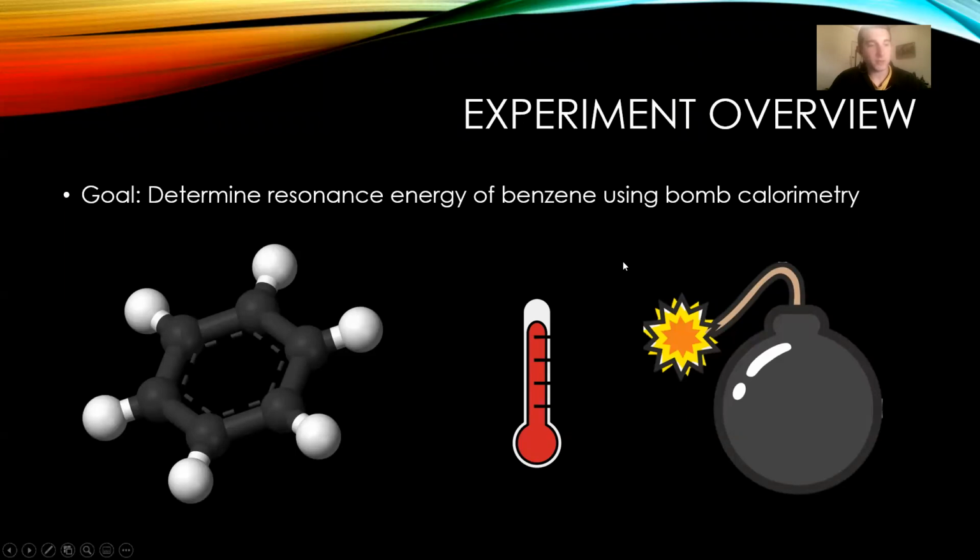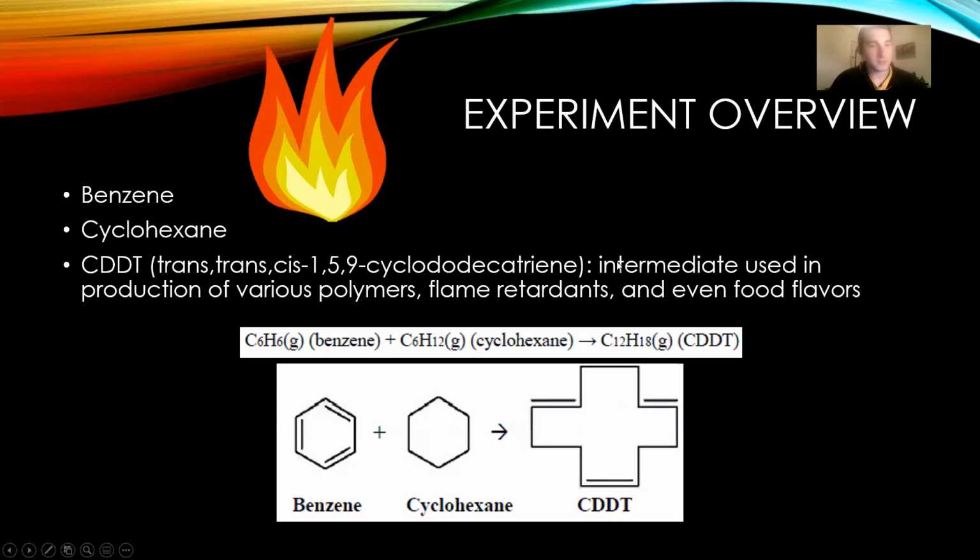So, bomb calorimetry. Here are basically the reactants that we're going to use: benzene, cyclohexane, and CDDT. This equation here is called an isodesmic reaction, where the number and type of bonds in CDDT, the product here, is equal to the sum of the bonds in benzene plus cyclohexane.